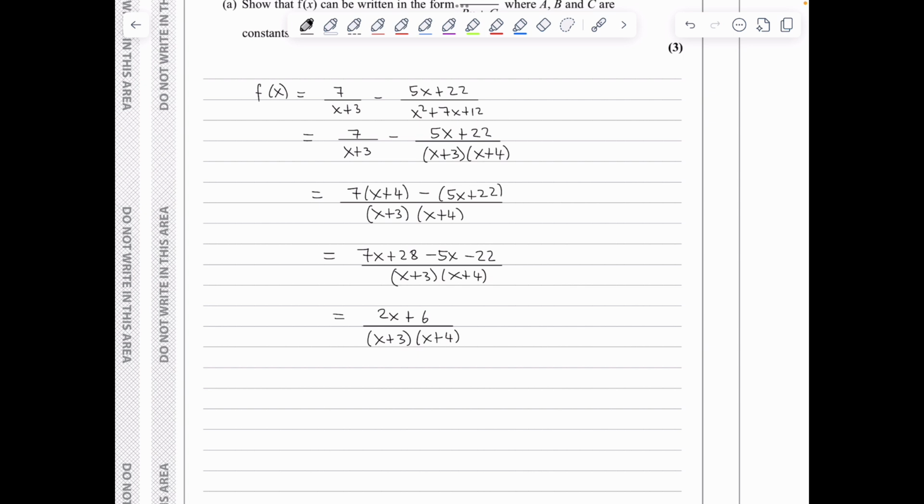I will then factorize the numerator to give me 2 brackets x plus 3 over x plus 3, x plus 4, and we obviously see the x plus 3 cancelling out, leaving us with 2 over x plus 4, and therefore we conclude that the constant a is 2, b is 1, and c is 4.